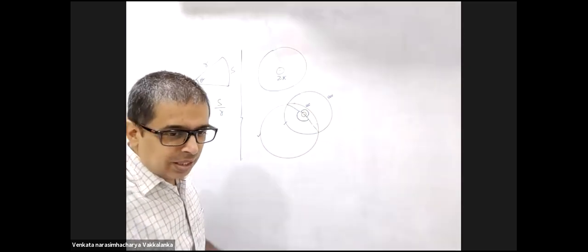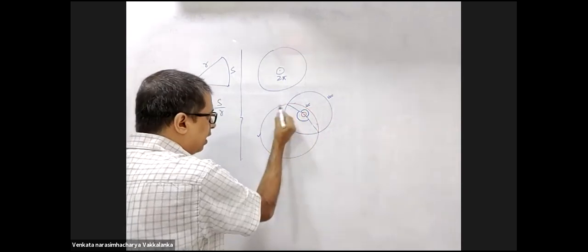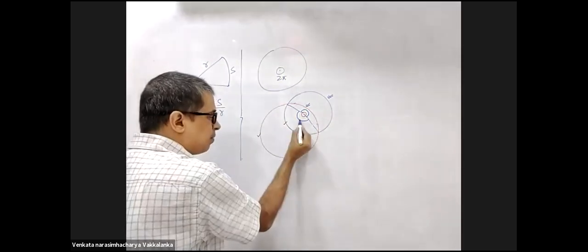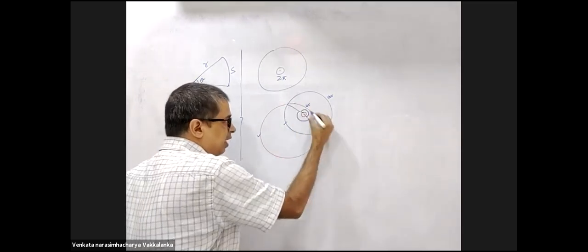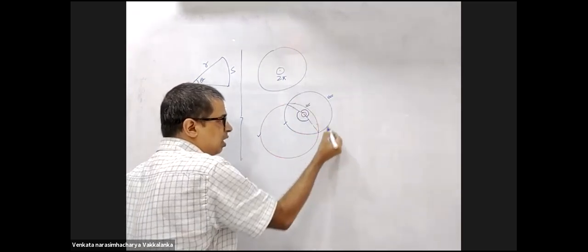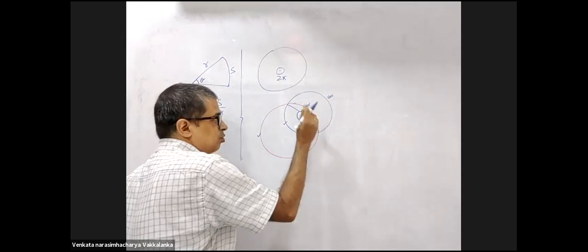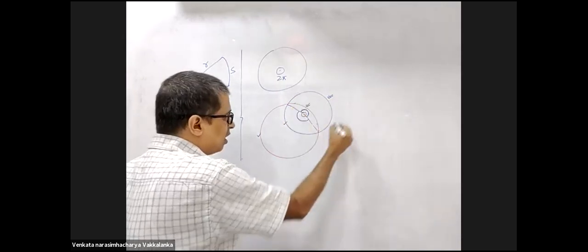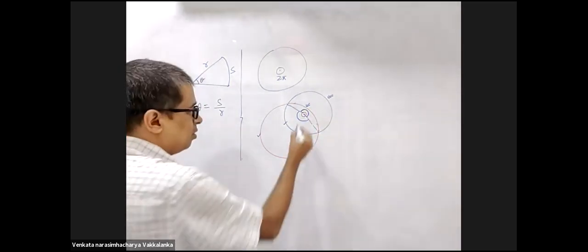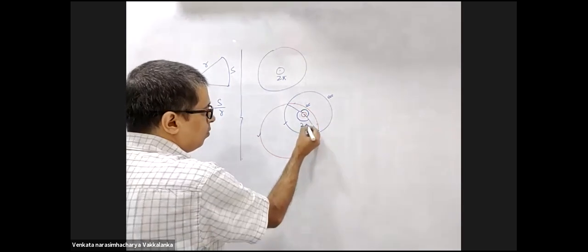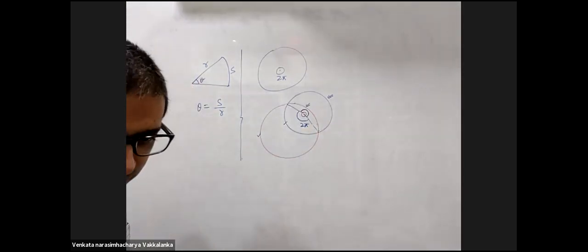Can I claim this line and this line will subtend the same angle at that point? Yes, sir. So both put together for this circle, this will be 2 pi because it is at the center. So angle subtended inside will be 2 pi. Understood.